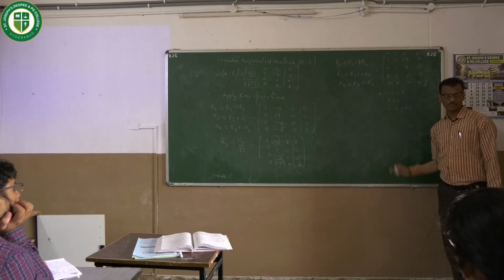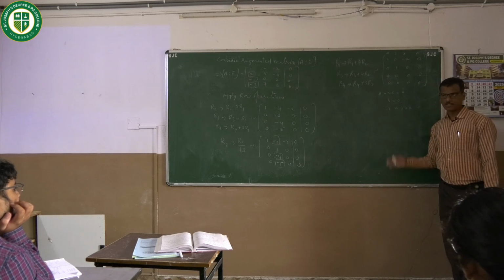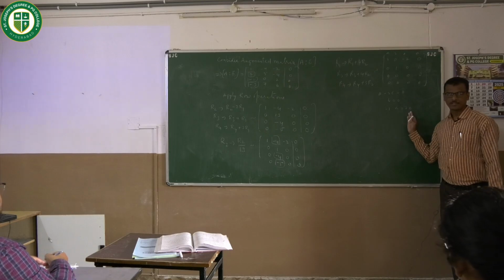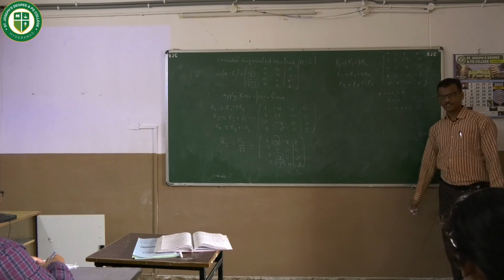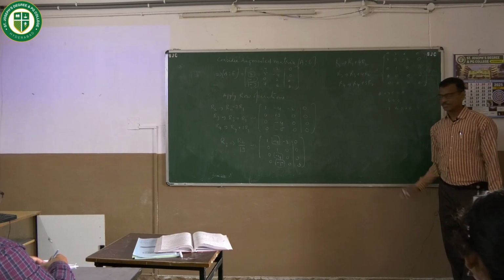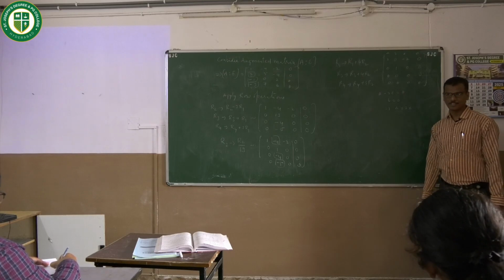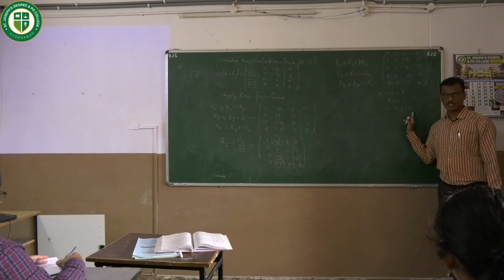Infinite solutions. If you put any value for C, you will get infinite solutions. If you want C, how many solutions? Infinite solutions, right? So infinite solutions you will get. It is not linearly independent. Is it right? Why? Because a scalar is not equal to 0.